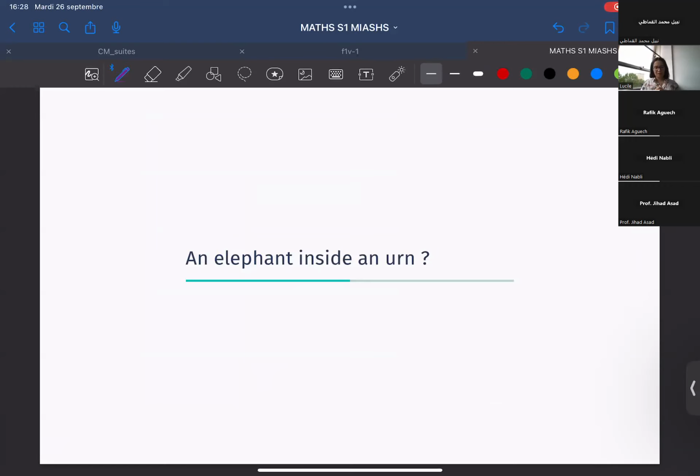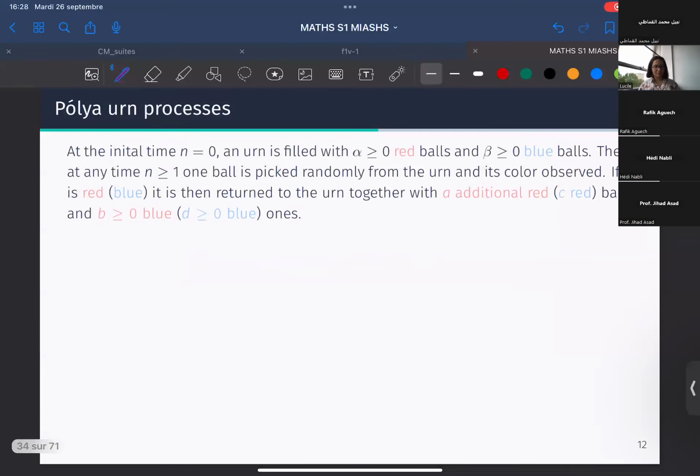Okay, so now I'm going to explain how we can put elephants in urns. First, I will briefly recall what Pólya urn processes are. The basic Pólya urn is an urn filled with some blue balls and some red balls at the beginning, and then whenever you pick one ball, you watch its color, you put it back, and you add another ball of the same color.